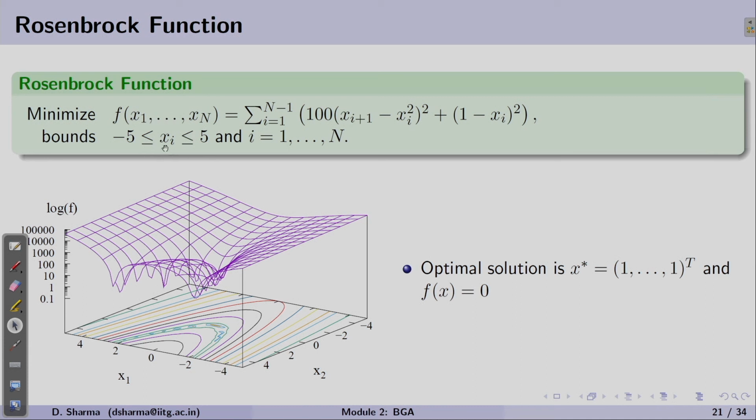All the variables will lie between -5 to +5. The figure on the left hand side is shown only for the two variables x1 and x2. The optimum solution for the Rosenbrock function is that all variables get the value 1, and the function value at the optimum solution is 0.